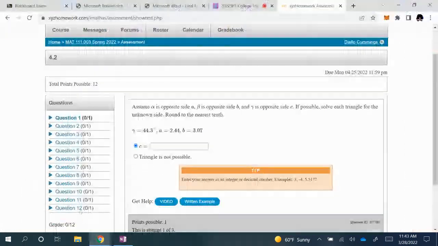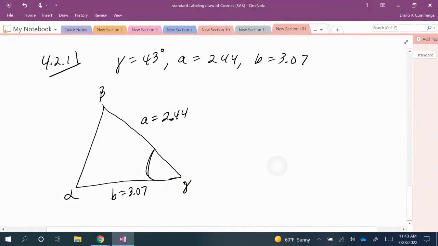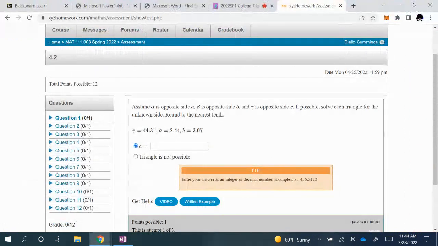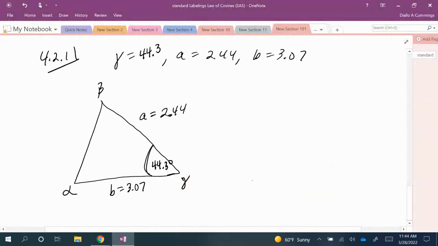Gamma is 44.3. Let me just make sure I have the right dimensions. Gamma is 44.3, A is 2.44, and B is 3.07.